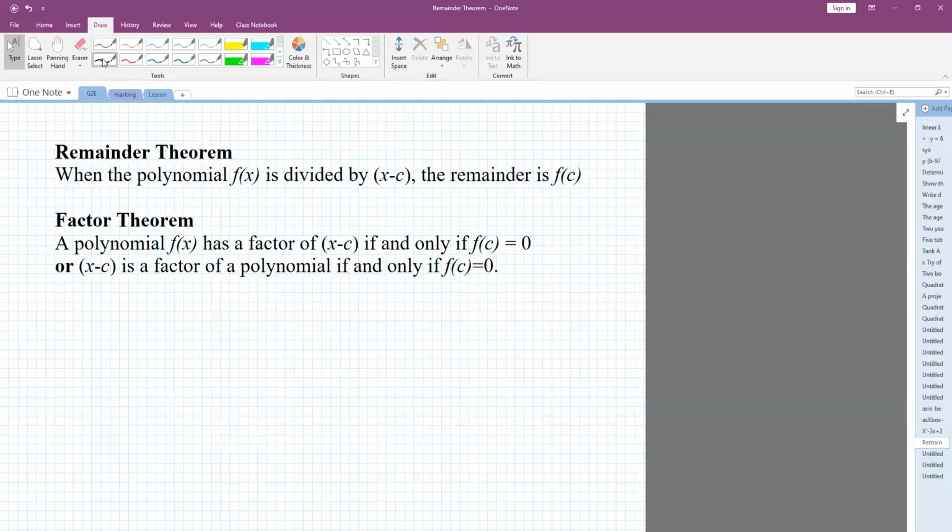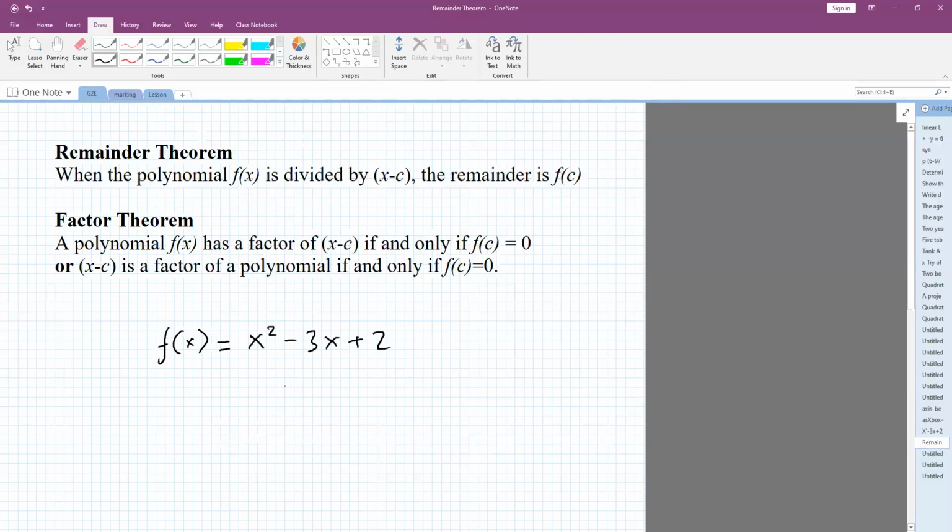We have a polynomial, and the polynomial can be a quadratic function or a higher function than quadratic, like cubic or higher. In our case, let's just take the example from the previous one. Our polynomial f(x) is just x squared minus 3x plus 2. So it's a quadratic function.